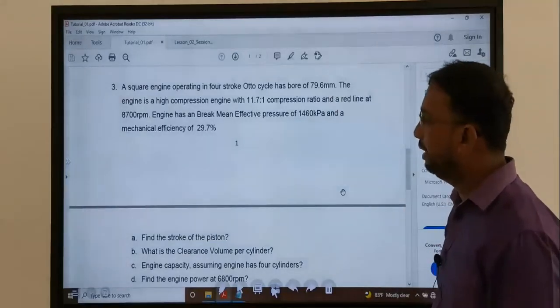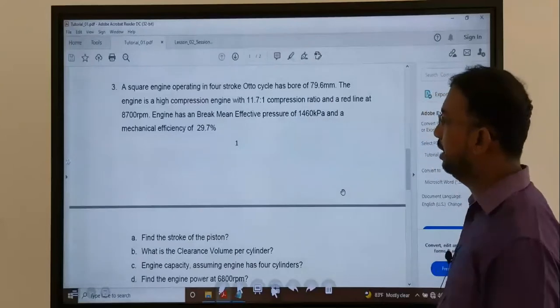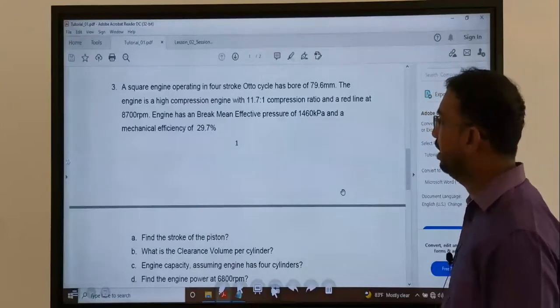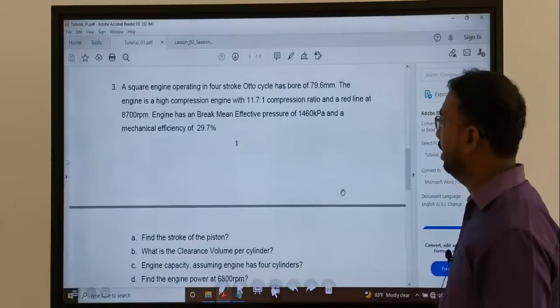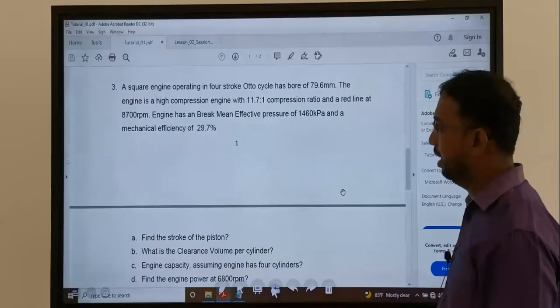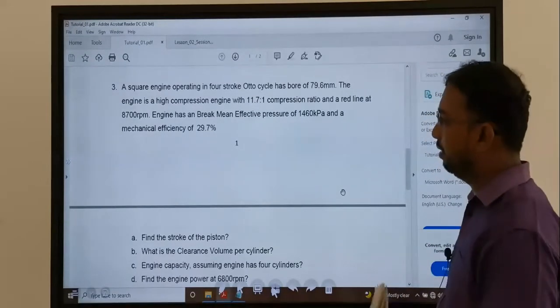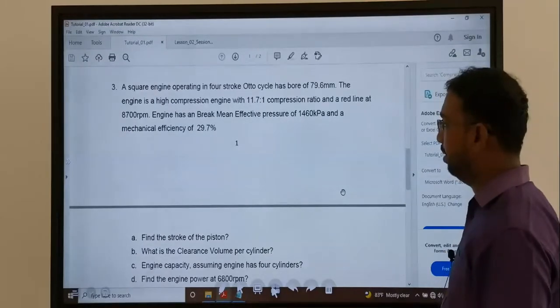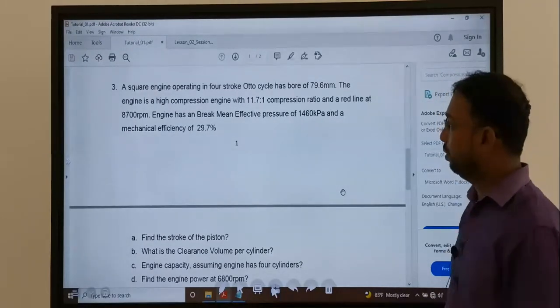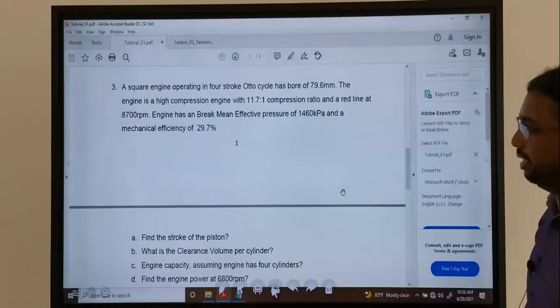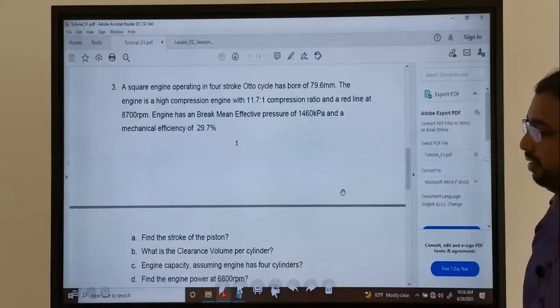It is a high compression engine with an 11.7 to 1 compression ratio and a red line, meaning crank RPM, of 8700. The engine has a brake mean effective pressure of 1460 kilopascal and mechanical efficiency is 29.7%.